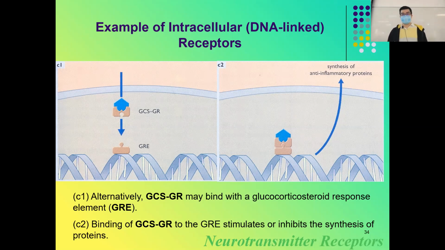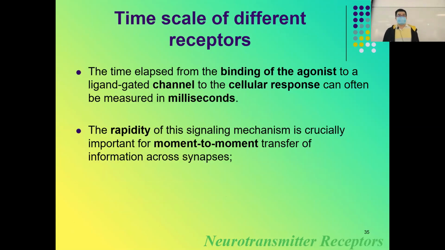And you will see that actually the hormone, the steroid, will have different effects on different cells. Okay, depending on the type of cell. So, time scale of different receptors. Now there are sometimes the receptor needs to quickly respond to the environment.